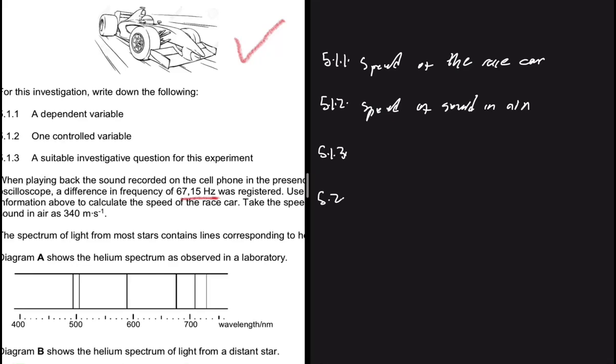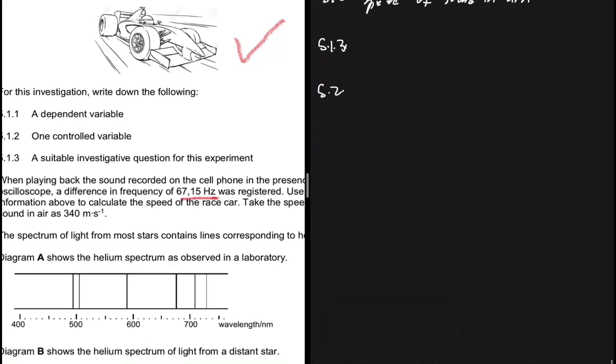So let's just make a calculation for when the car is moving towards, right? So we're going to have fL equal to (v plus or minus vL) divided by (v plus or minus vS) multiplied by the frequency of the source. So there's a difference in frequency of 67.15 that was registered, right?